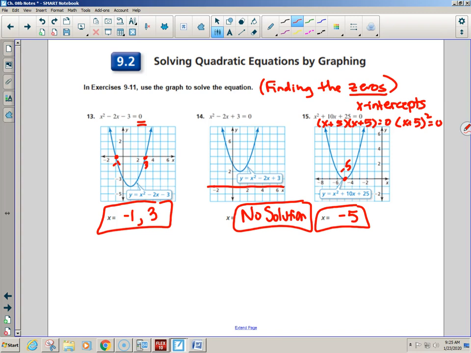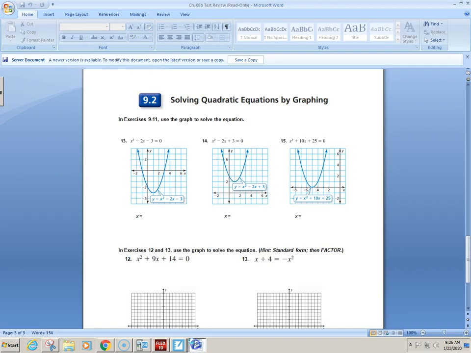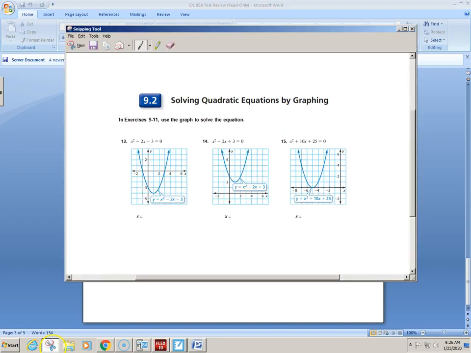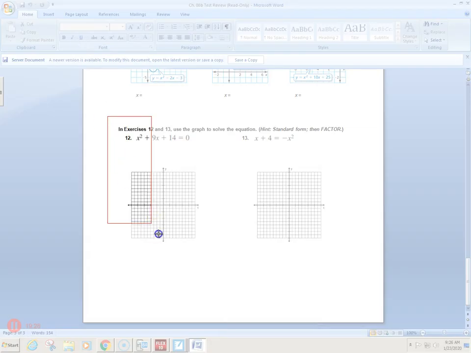Now, what's harder for the end of 9.2? What do I not give you? These ones were graphs. Easy. Look for the x-intercepts, as long as you know the concept. But what's going on in these ones, guys? I didn't give you the graph. You're finding it.